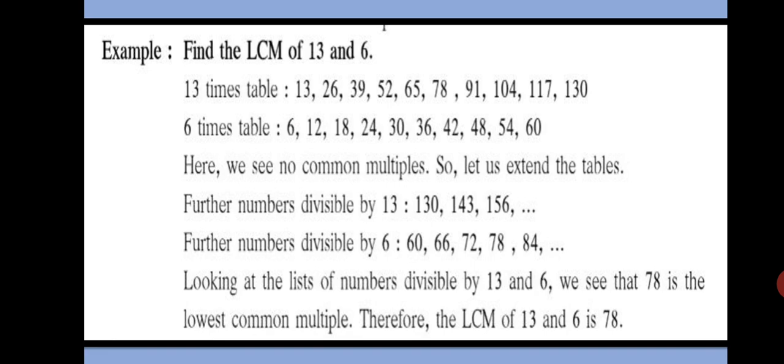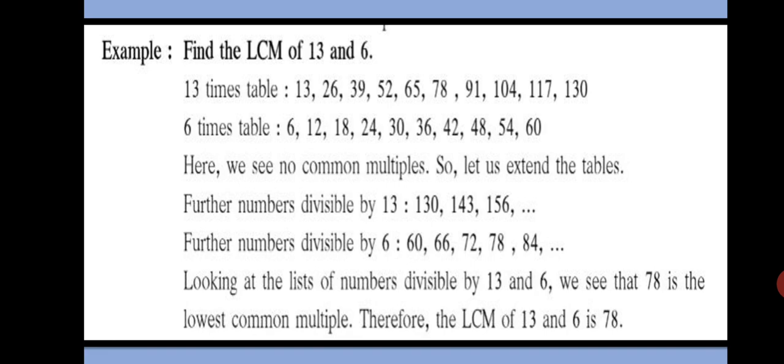But while writing multiples, you start with the given number and continue as much as required till you find a suitable common multiple. So unless and until we find a common multiple in the given numbers, we have to go on finding the multiples. This is the difference between HCF and LCM.